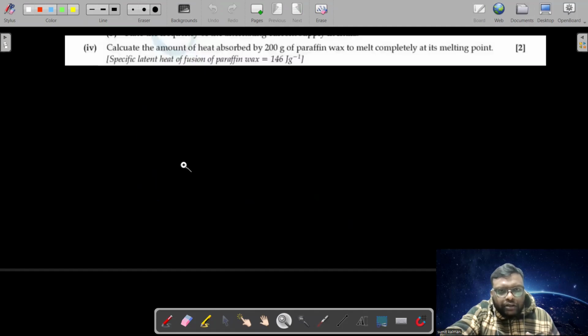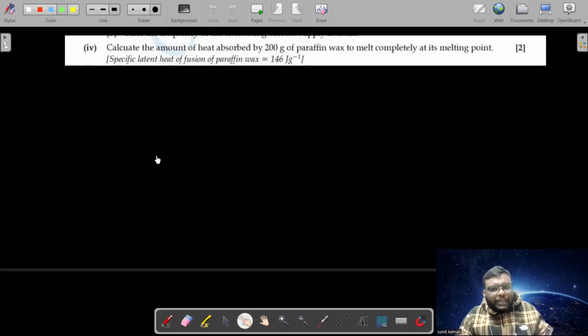The problem is like this: we have to calculate the amount of heat absorbed by 200 gram of paraffin wax to melt completely at its melting point, and the latent heat of fusion of paraffin wax is given, it is 146 joule per gram.